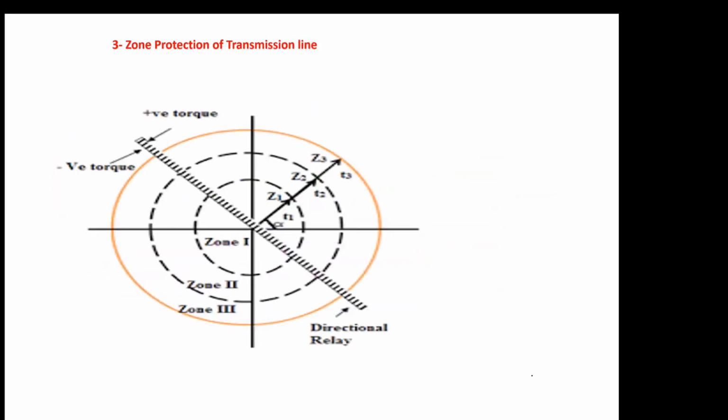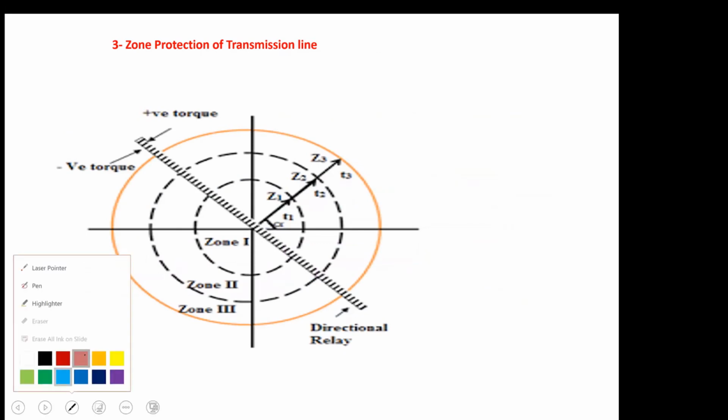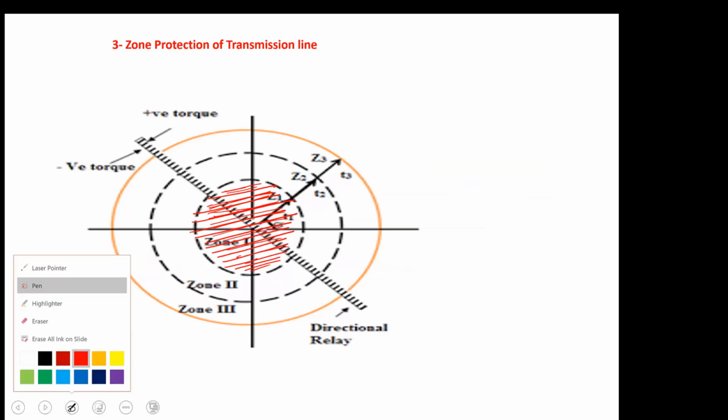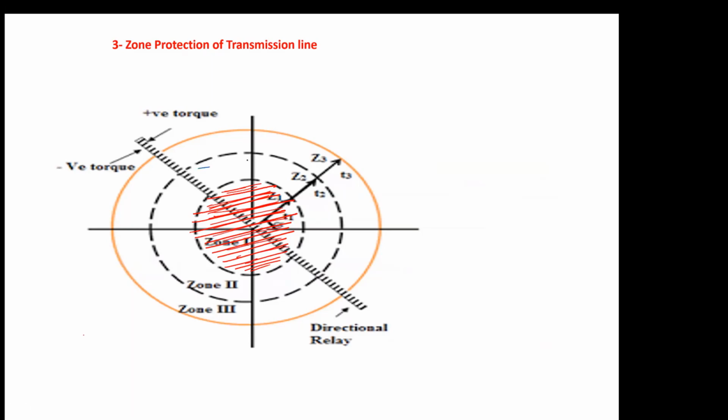Okay, the characteristics will become like this. I am drawing the high speed zone in red. This is zone 1. Suppose we are using impedance relays, if the impedance seen by the relay falls inside this first circle, the red one, it is the high speed zone and it will trip instantaneously. If the impedance seen falls in this blue region, it is zone 2, so it will have a time delay of 100 milliseconds or whatever we set, then it will trip.